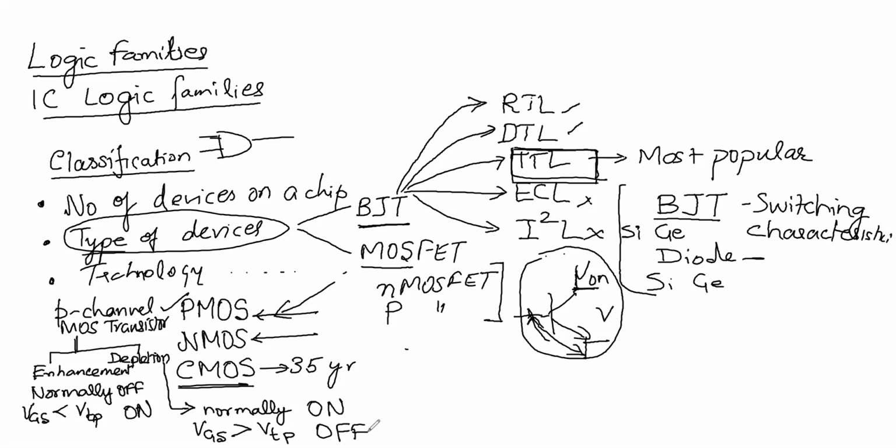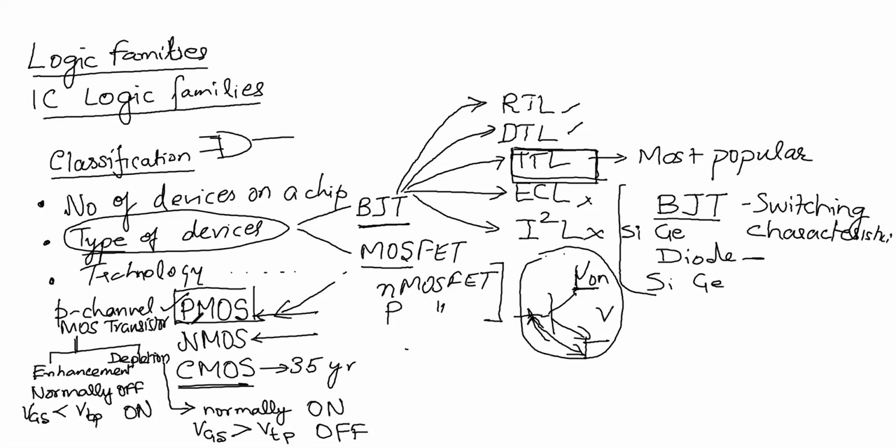So see, their behavior is different. In some situations, you use a normally on device and you only turn off conditionally. And some devices are normally off, and if you want to switch them on, you have to apply a higher voltage.